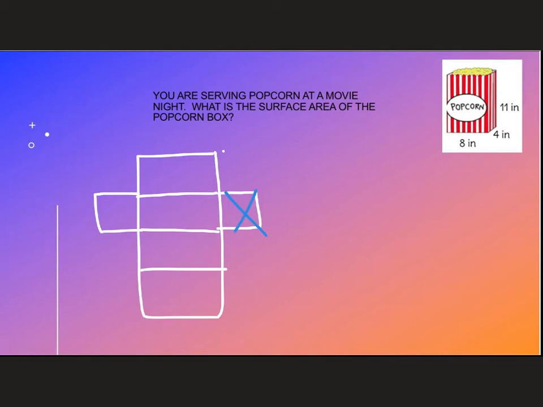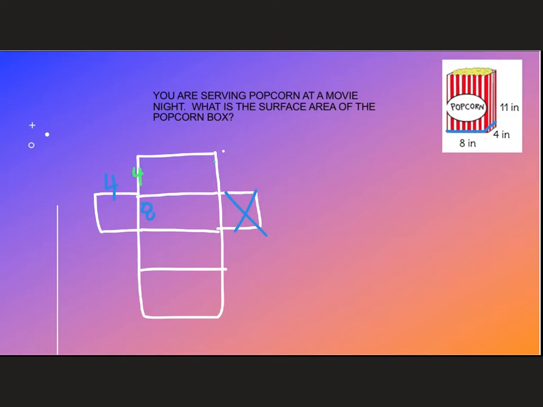So I'm going to go ahead and label my different parts. If I look at the bottom flap there, that's an 8x4. So I'm going to put 8 as my base and 4 as my height. When I do that, I can label a whole bunch of sides.